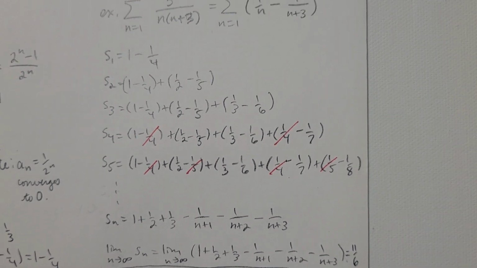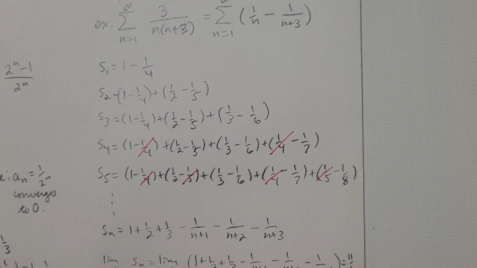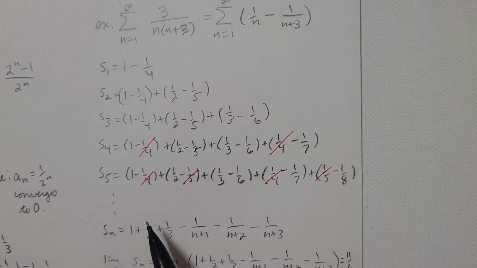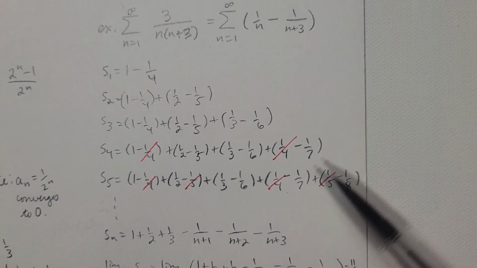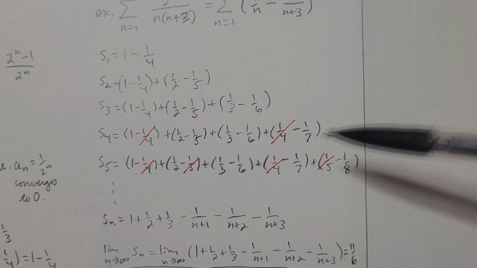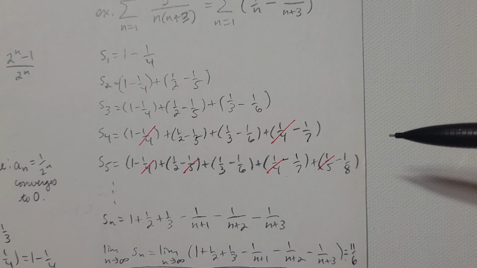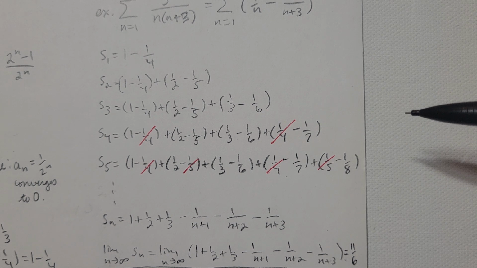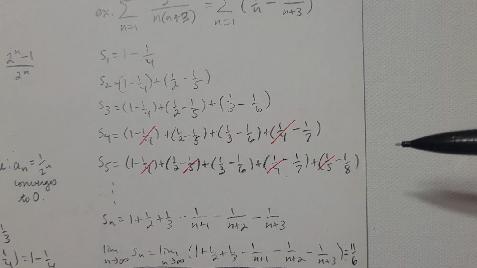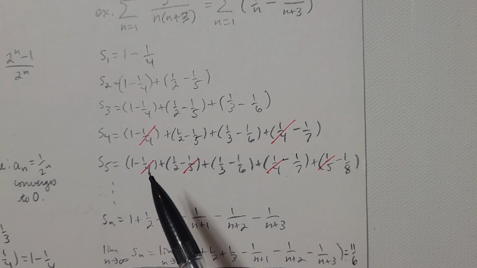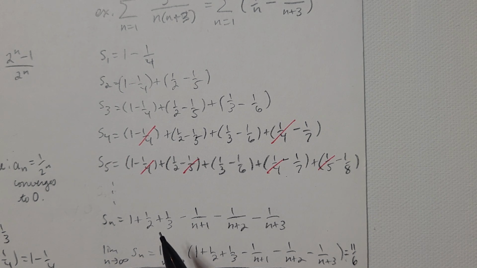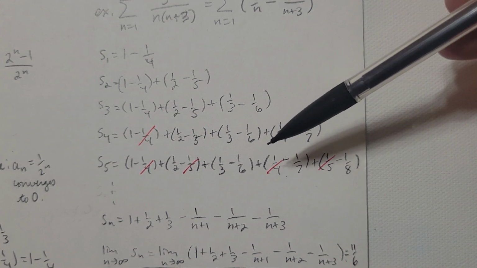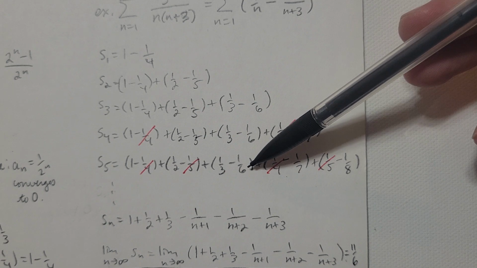Okay, etc. So then S sub n, it looks like the only terms that are not going to cancel, you know, if I were to keep going here, find S sub 6, S sub 7, right? I'm always going to have some things canceling. Like the 1/4 is always going to be gone, the 1/5 are going to be gone, 1/6 will be gone, right? Etc. So it looks like I'm always going to be starting off with 1 plus 1/2 plus 1/3. And then I'm going to be subtracting, let's see, 1 over 6.